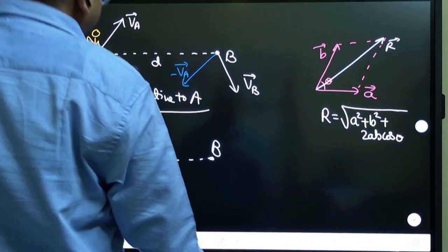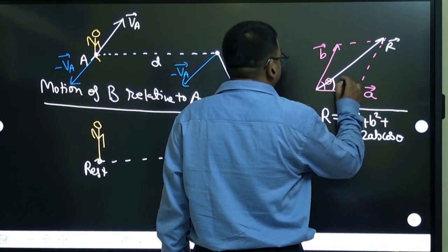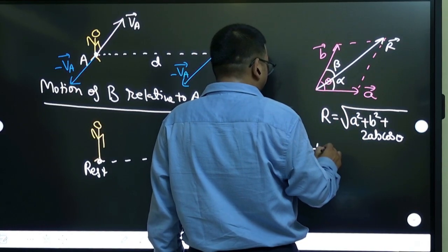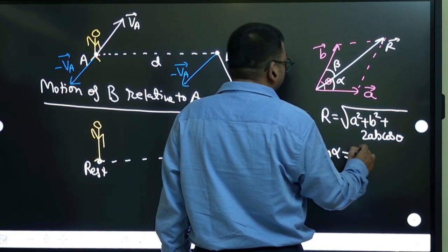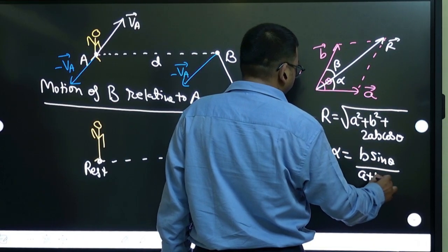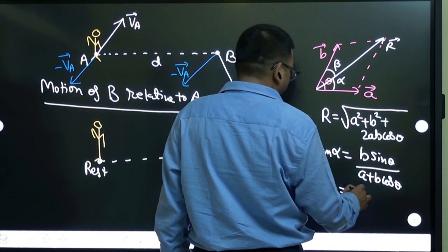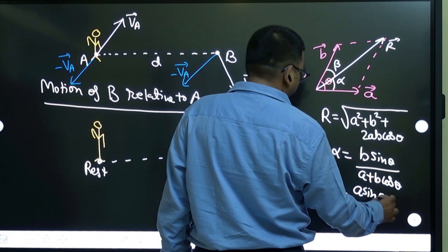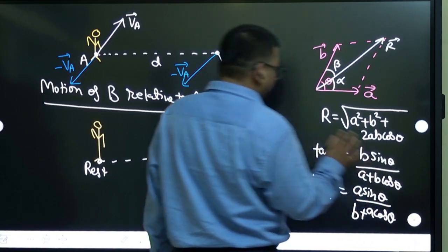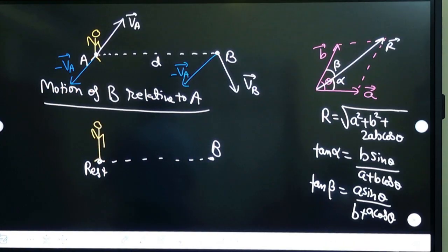Resultant is nothing but the diagonal, and the resultant makes some angle alpha with the first vector and beta with the second vector. So tan alpha is given as b sin theta by a plus b cos theta, and tan beta is given as a sin theta by b plus a cos theta. We should know this much right now.